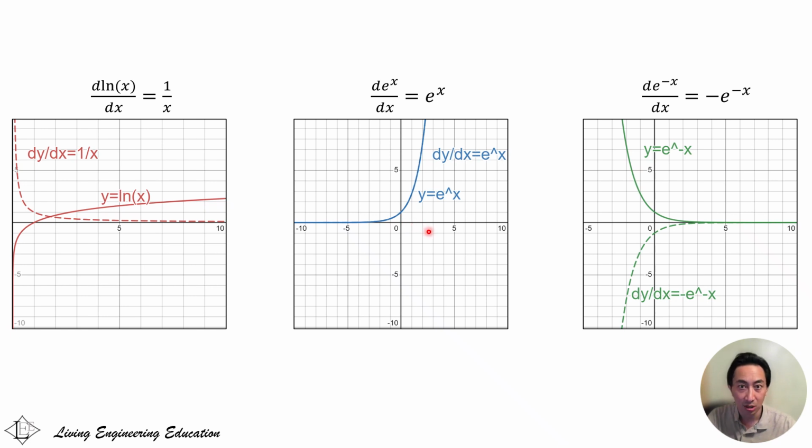So it's consistent there. Then we can look at the exponential decay. e to the negative x is shown in this solid green line. It starts off with a very large negative slope that's reflected by negative e to the negative x, a very large negative y value.